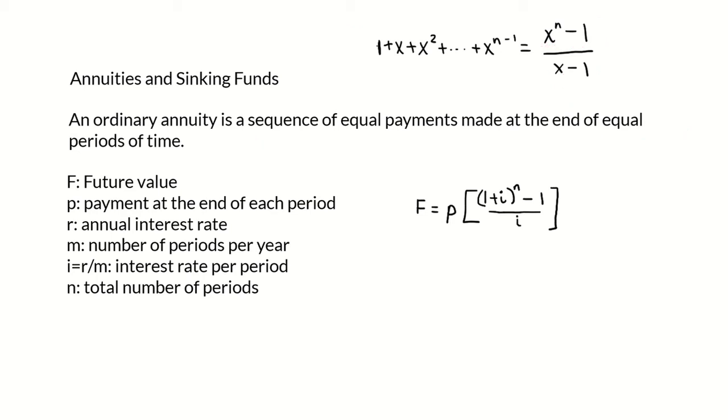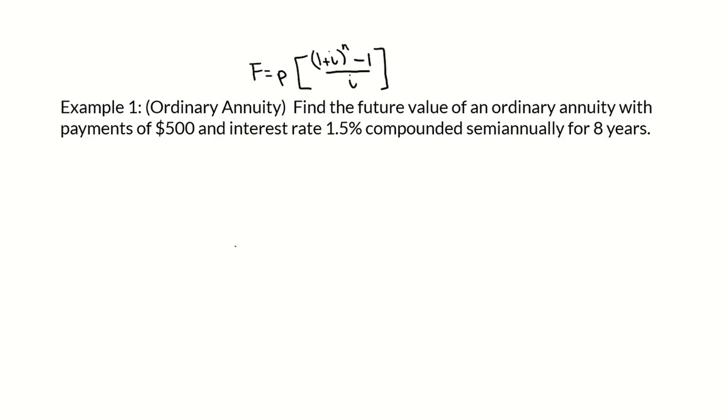Let's do an example. Example 1, find the future value of an ordinary annuity with payments of $500 and interest rate of 1.5% compounded semi-annually for 8 years. So first, let's find all of the components we need. P, the payment, is $500.